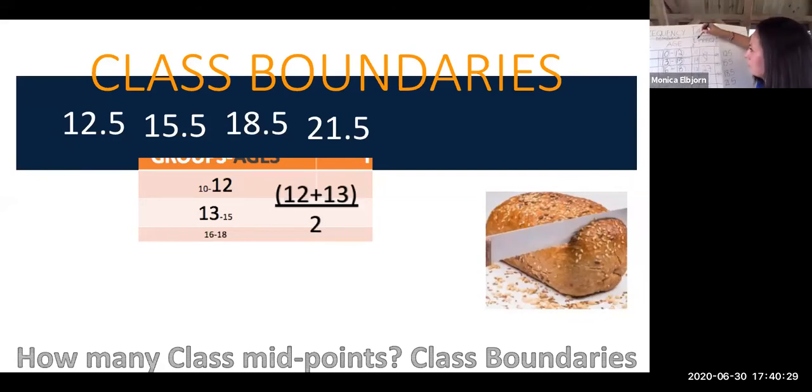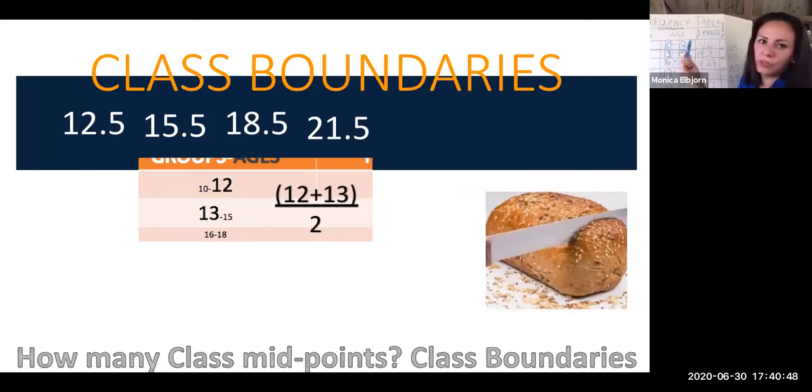Well, how did we get the frequency? I sent the question asking your guys' age. This is like the Fruit Loops, like how many green ones, how many blue ones. So how many people are between 10 and 12 in our STEM class, year 3, 6.